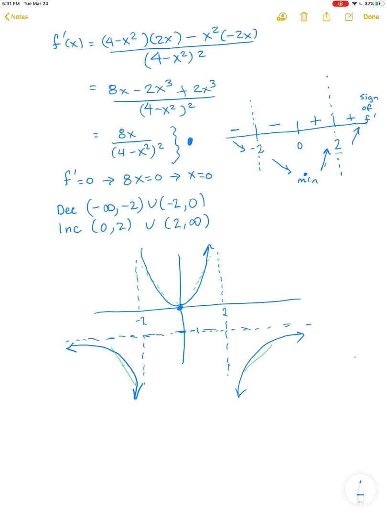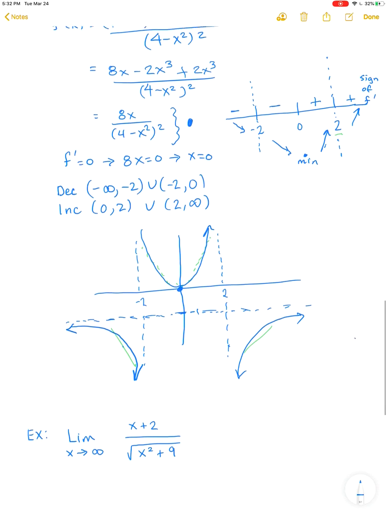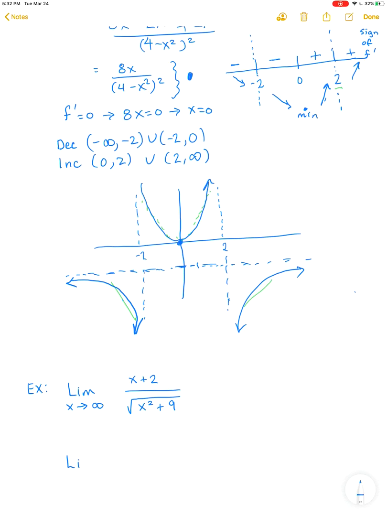So let me give you an example of a function by taking the limit, say, as x goes to infinity of x plus 2 divided by the square root of x squared plus 9. Then we'll do the same thing as x goes to minus infinity.